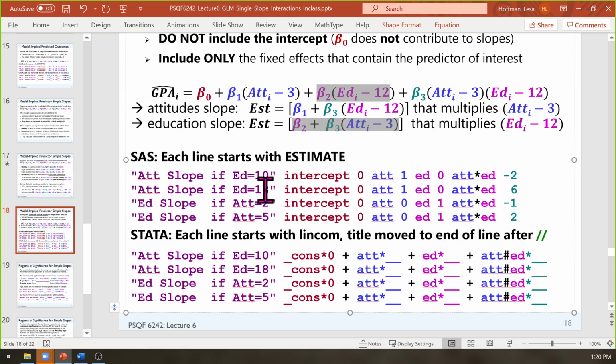Okay. You need one beta 2 slope as part of your ingredients for this, at a minimum. And if I had asked you what the education slope would be if attitudes equals 3, then all you would need is beta 2.